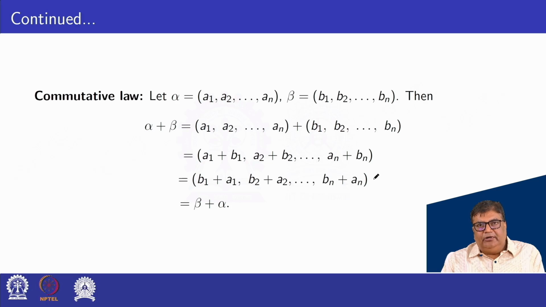So as per the definition of n-tuple, we can write this as the vector beta plus alpha. Therefore, alpha plus beta is equal to beta plus alpha. So the commutative law holds.